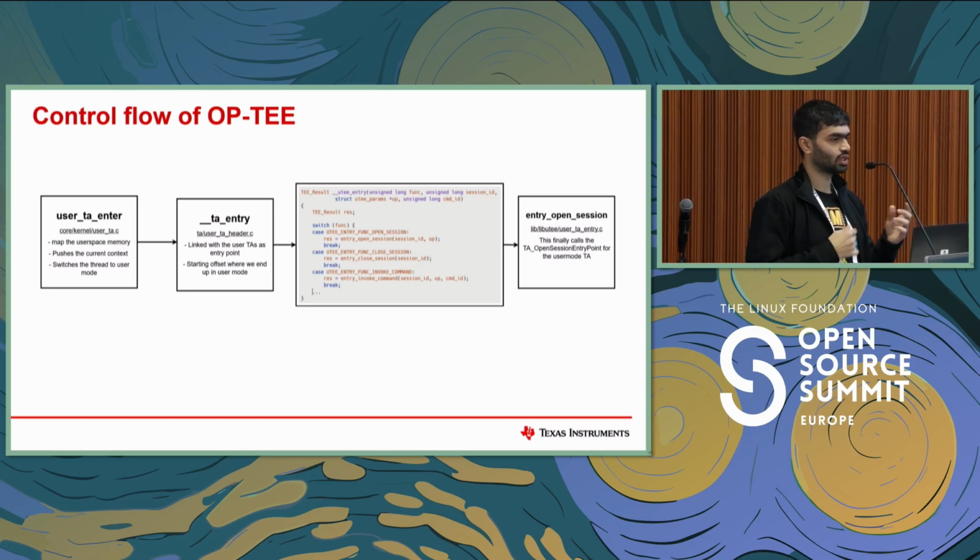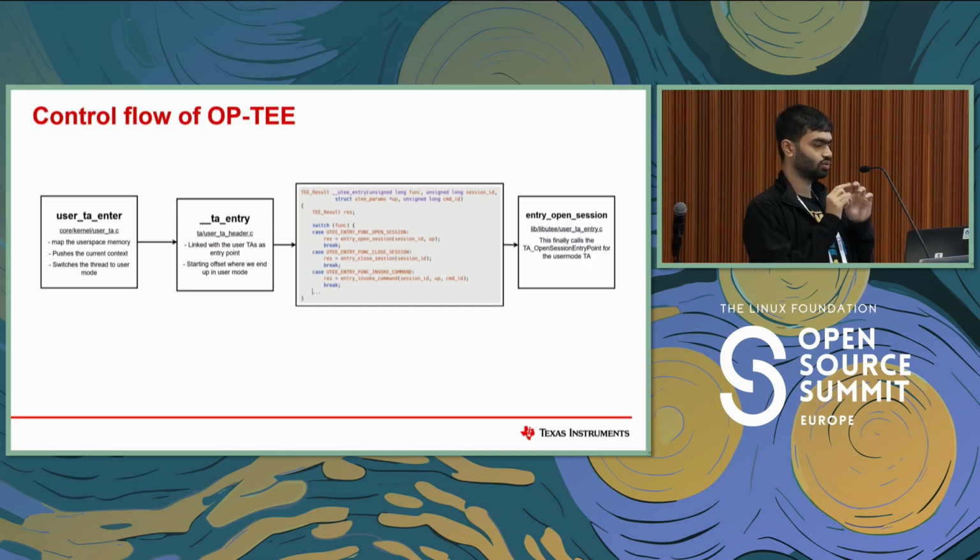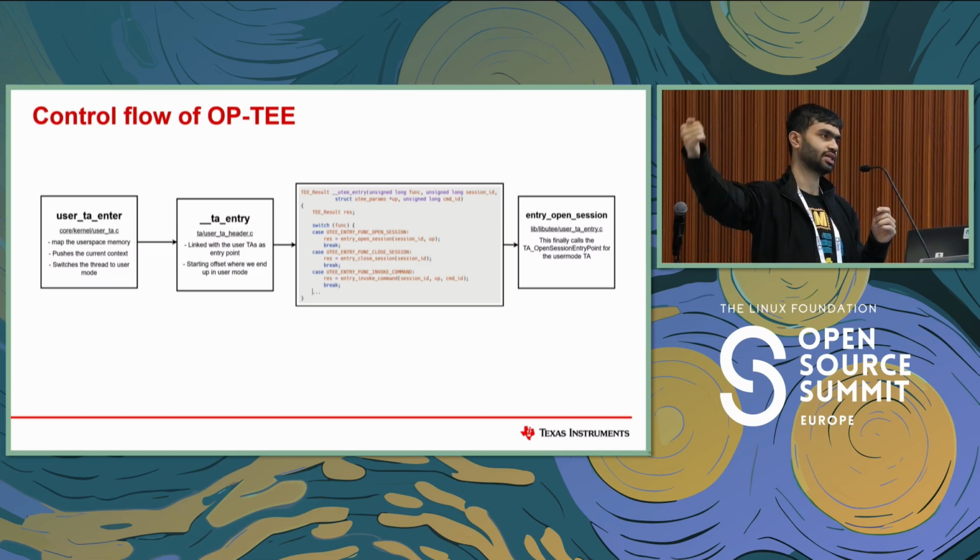You would go to the entry point of the user mode trusted application, whatever you had. Now from there, you would find UT entry. And there you would again see that we are now in the user mode open session. And from there, it will jump to a UUID identified service, what we had for the user mode trusted application. And then you have finally reached the user mode TA2.